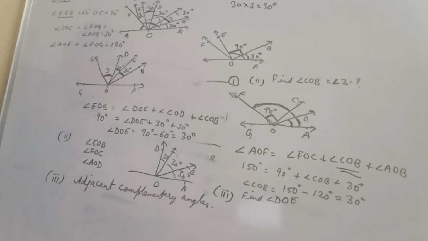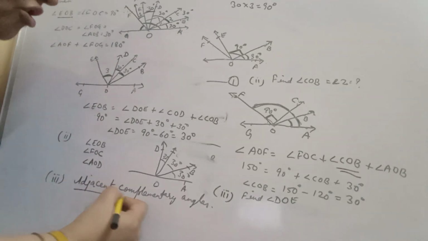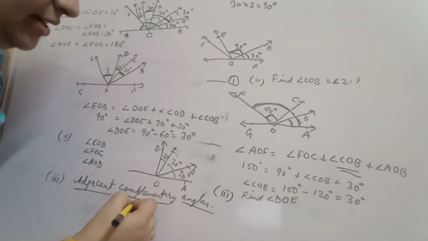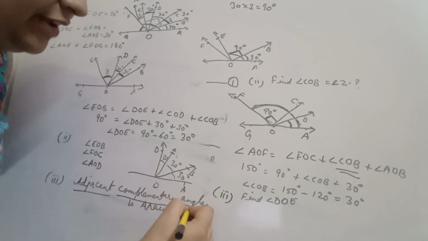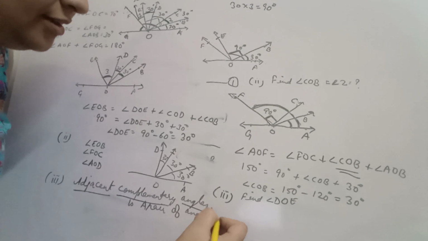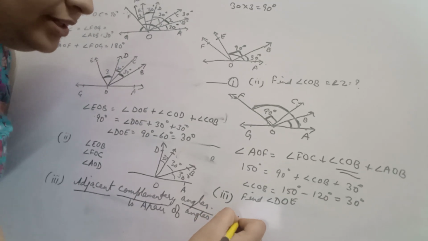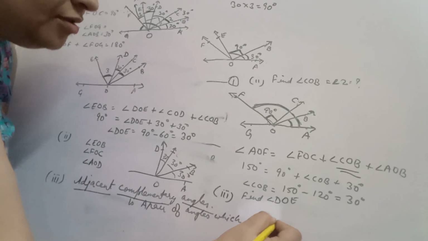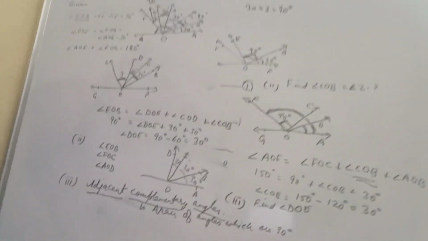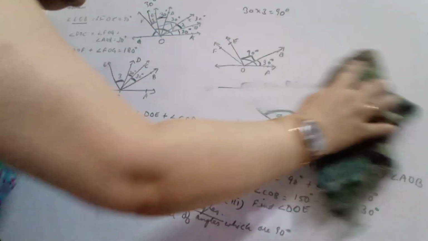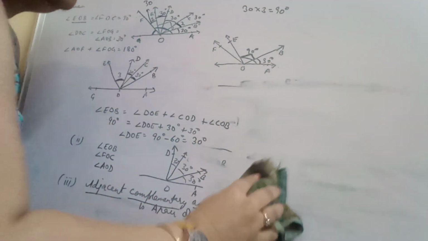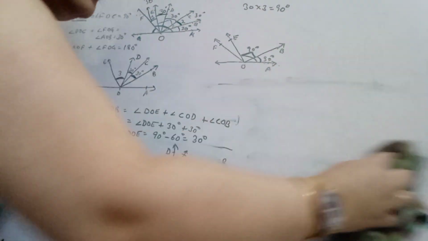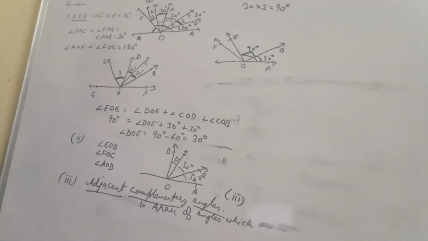So that means a pair of angles, what are complementary angles? A pair of angles which are 90 degrees.